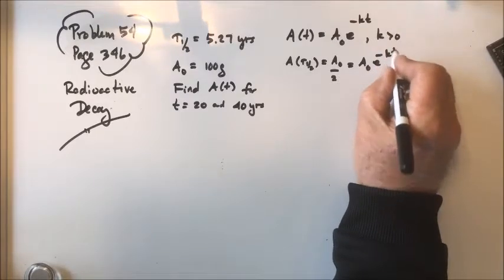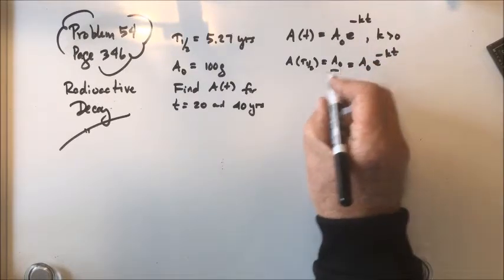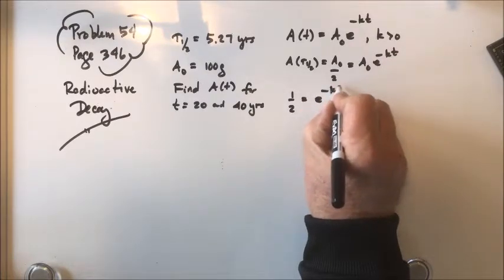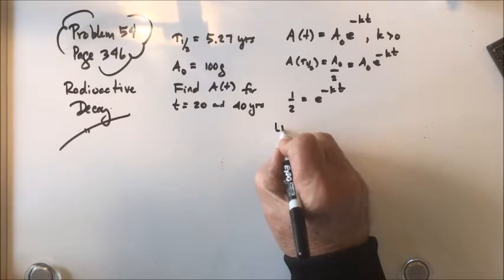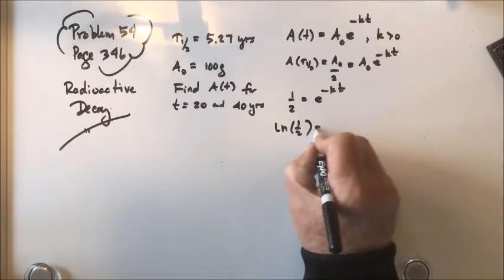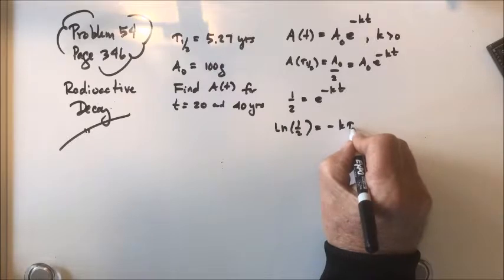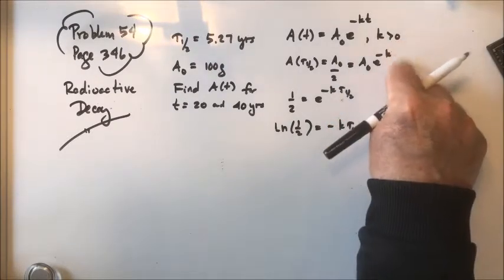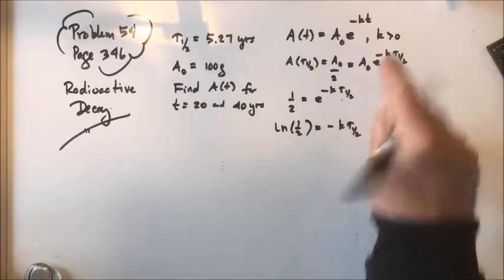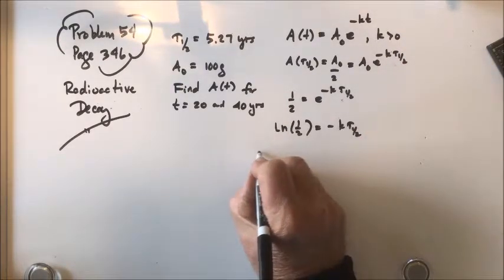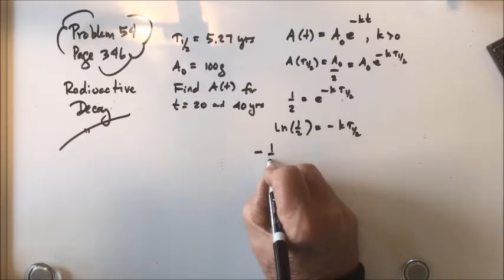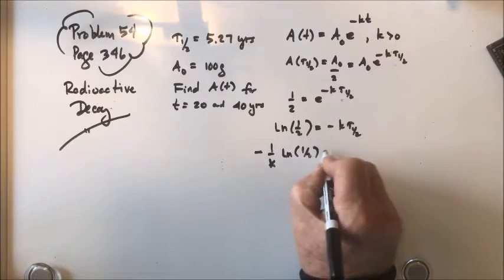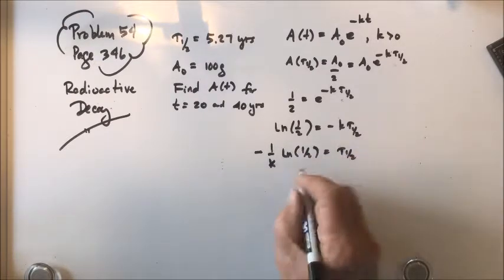And so now I'm going to be able to solve this equation. I'm going to get 1/2 is equal to e to the minus kt. I'm going to take the natural log of 1/2 is equal to minus k tau sub 1/2. Sorry, should have put in tau sub 1/2 right here. And now I'm going to solve for that, and it's going to be minus 1/k natural log of 1/2.